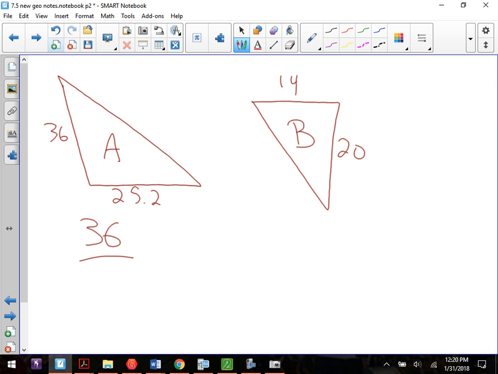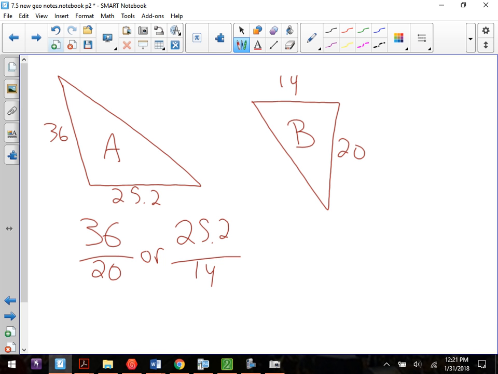Why does it have to be 20? The 2 larger, yeah, because that's where you're getting at. You just have to say it louder. You're fine. You're right. Or you could have done the 25.